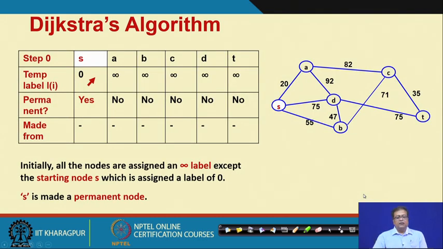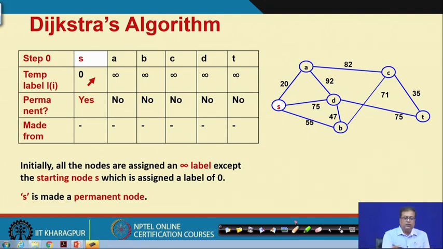So, how do we begin? First you put some temporary levels, that is 0, infinity, infinity, all those, and 0 here, and make S permanent and all the others not permanent. We have one more thing called made from, right.